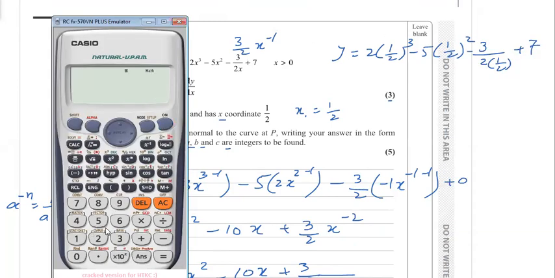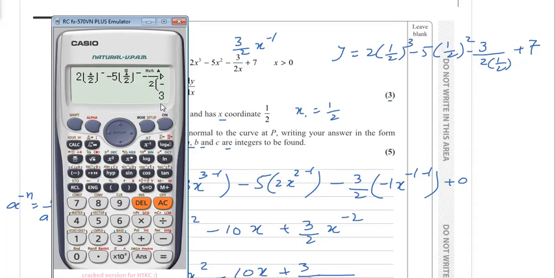Using the calculator, I can write 2 into (1/2) to the power 3, then minus 5 into (1/2) to the power 2 minus 3/2 into 1/2, close bracket, plus 7.